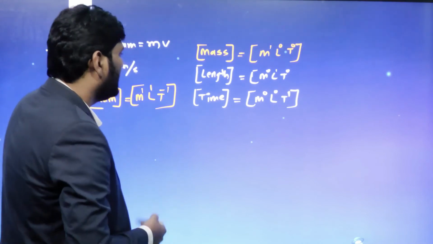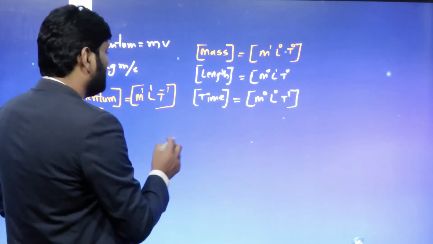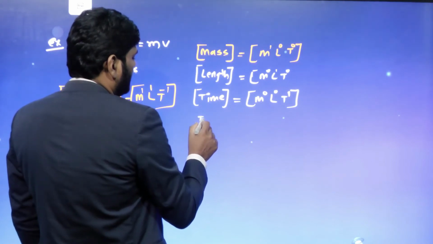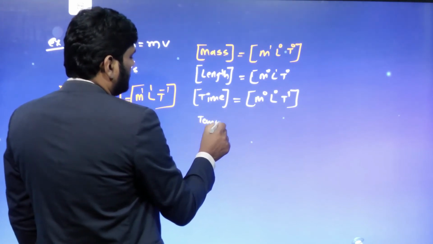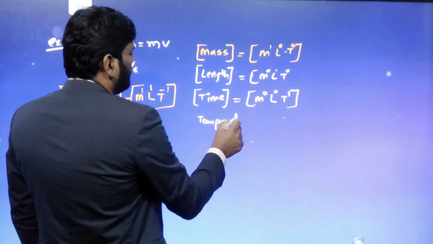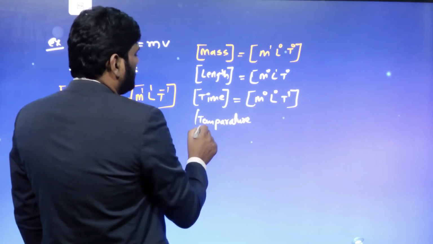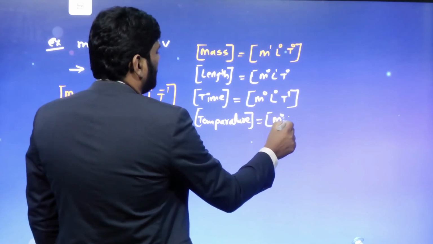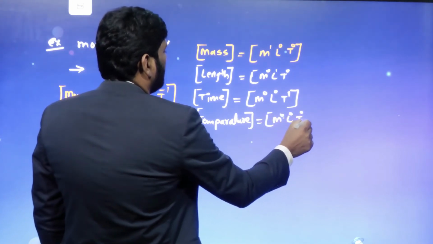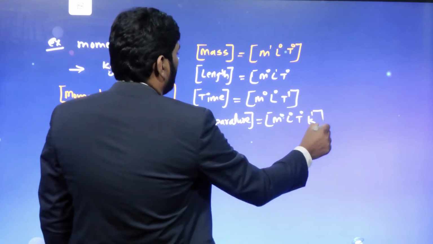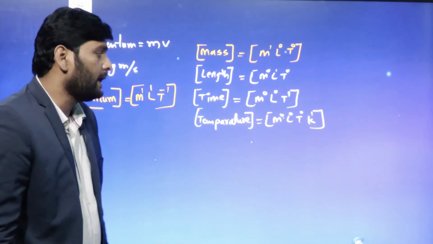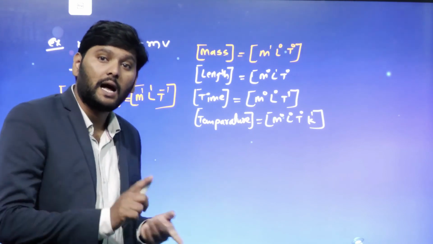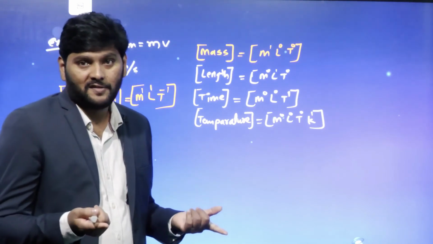Now, other dimension formulas. What are the other units? Temperature: if I take temperature, the temperature dimension formula is M0 L0 T power 0 K power 1. Why did I add this K here? Because this temperature is also a fundamental quantity.